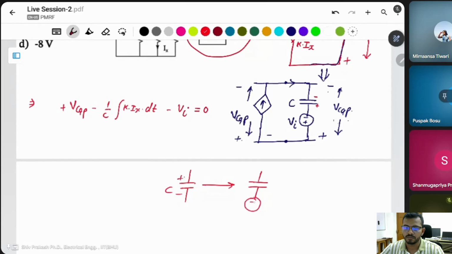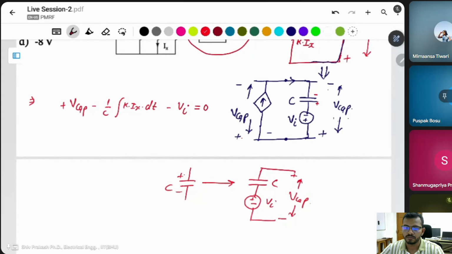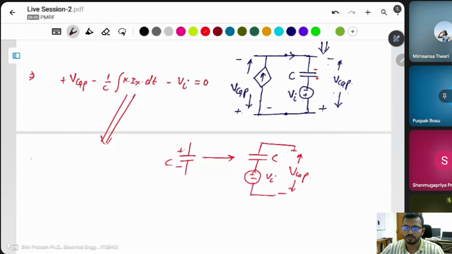This polarity is the same as the capacitor polarity, with Vi as the initial voltage. The total is V capacitor. Then we get this voltage equation. Then what is the V capacitor?